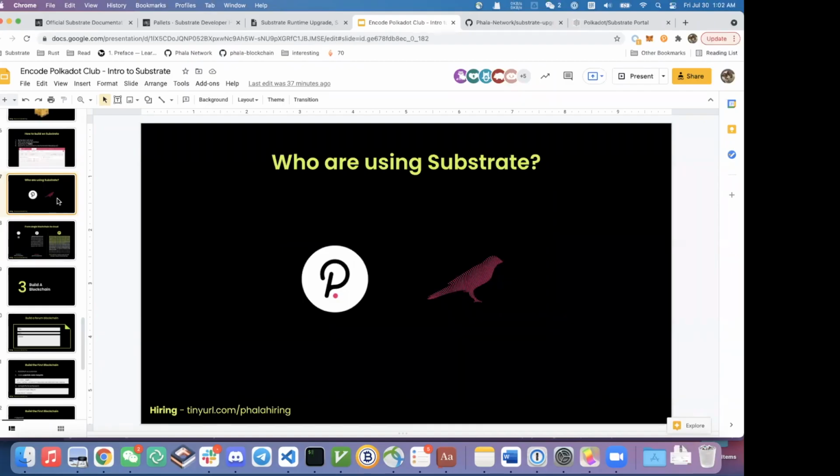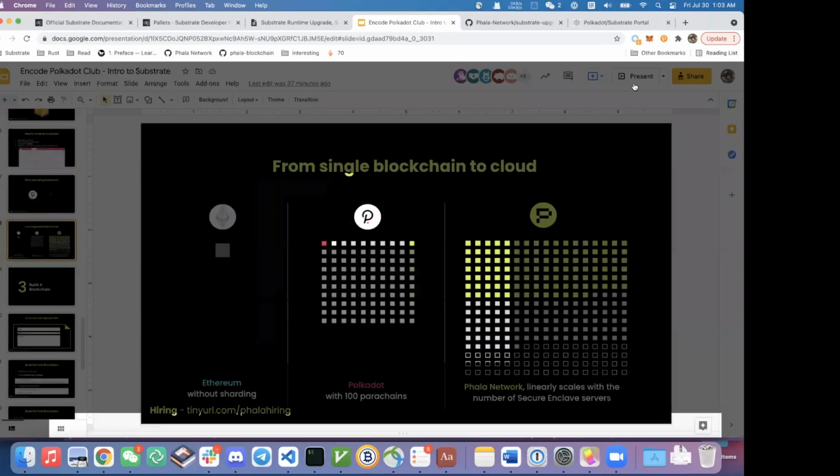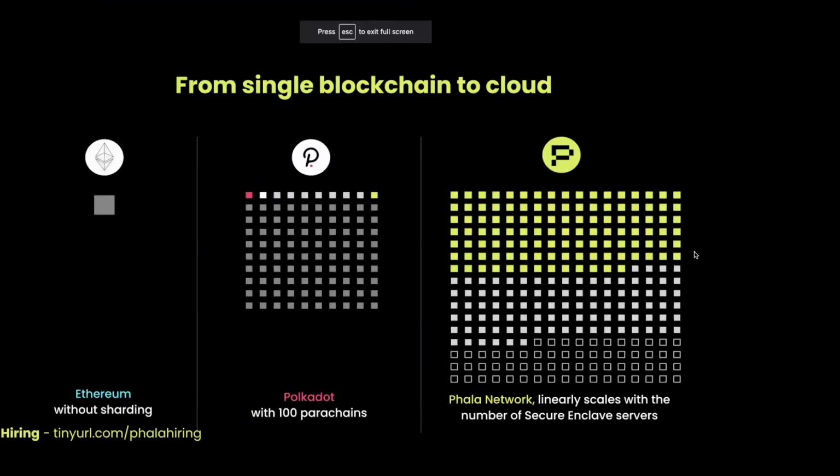Okay, cool. So we have already finished the first part, and the only thing left in this part is... oh, sorry, click the run button. All right. So now we know Polkadot and Kusama are using Substrate to build their blockchains, and for us, Phala Network is also built on Substrate.